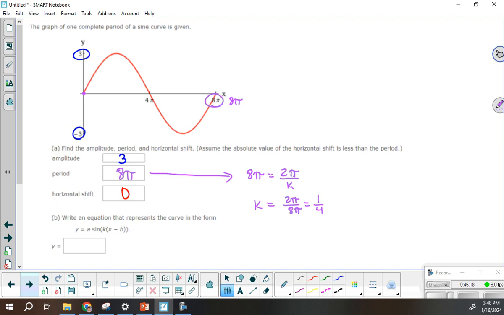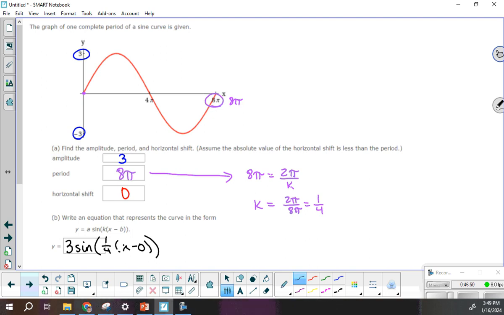So if I'm writing my equation, y equals, my a is 3. I started going up, so I don't have to worry about a minus. I have sine, my k is 1/4, and then x, actually it'd be minus 0, because we didn't have any shift.